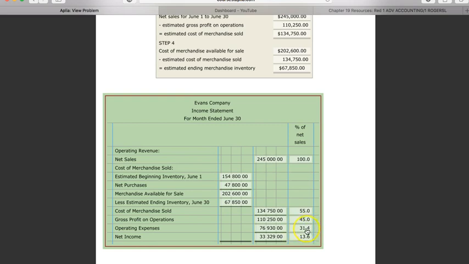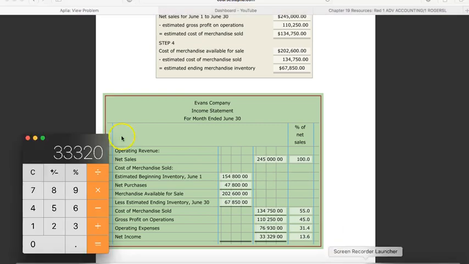Now to get our percentages over here, and I'm just going to go ahead and do this so that you guys are seeing this. We're going to take $76,930, and we're going to divide that by our net sales. So our $245,000. And we're going to get 31.4%, because remember, you moved the decimal over twice. So I just put 31.4 here.